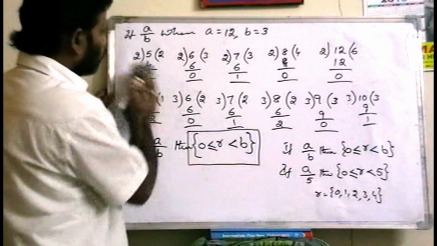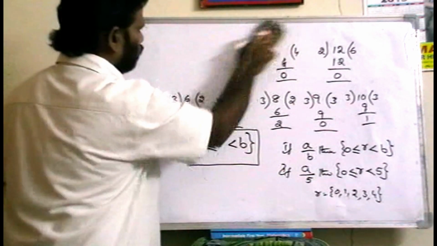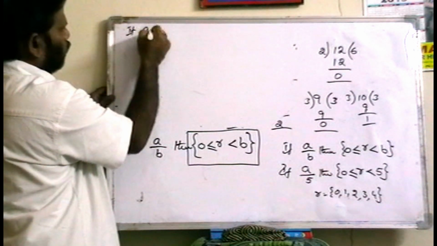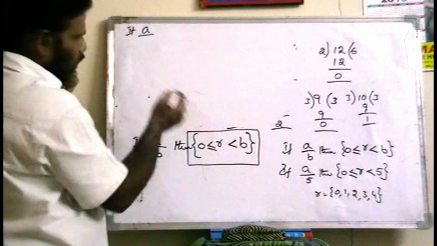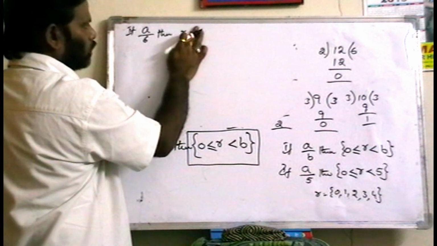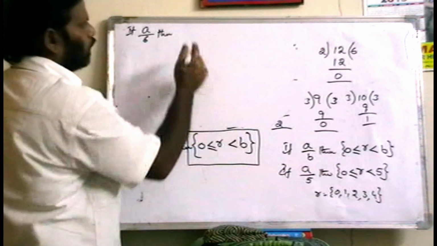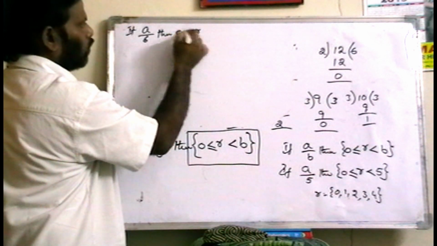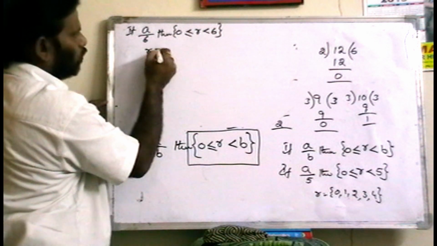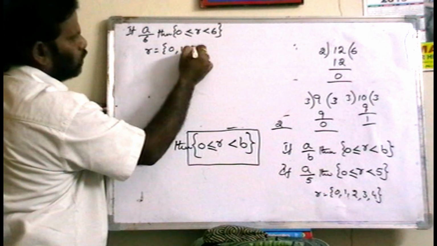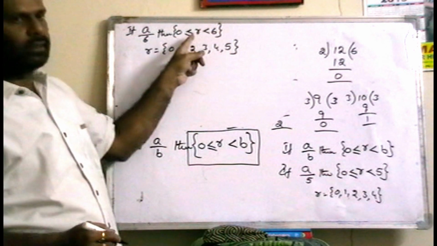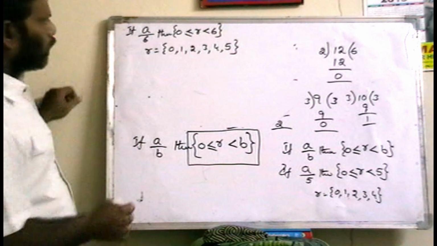Suppose if a is divided by 6, then what are the remainders? The remainder is more than or equal to 0, less than the divisor. That means r is equal to 0, 1, 2, 3, 4, 5, up to 5, because less than 6 means only up to 5.